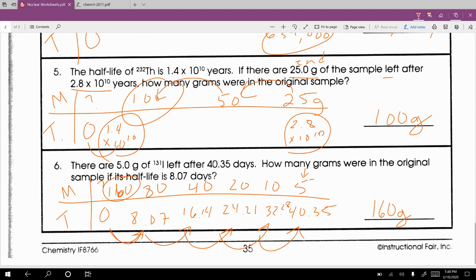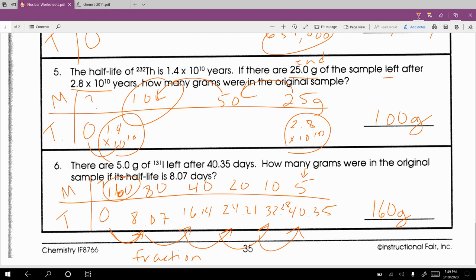You have done, for the most part, all of the types of half-life questions that you would possibly be asked on a test or the Regents. The only one you have not seen on this page is determining fraction remaining.